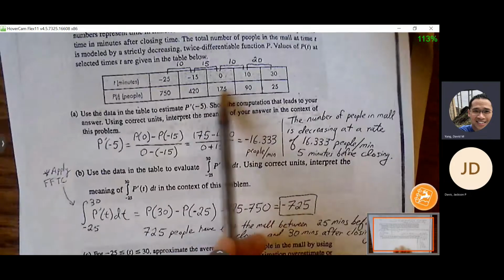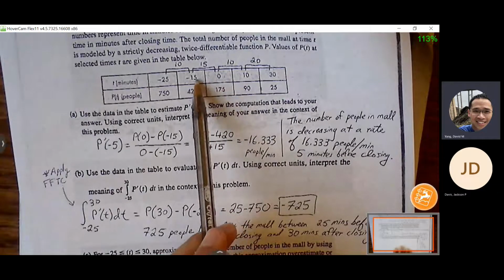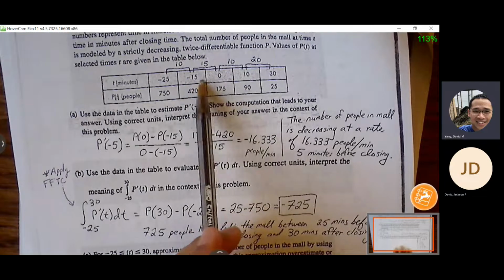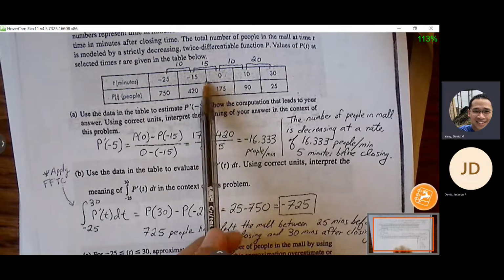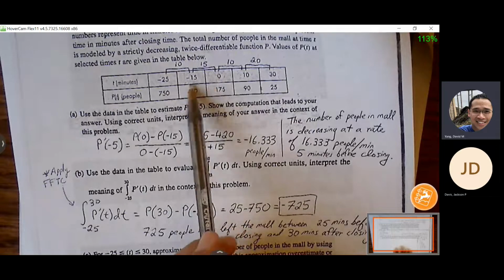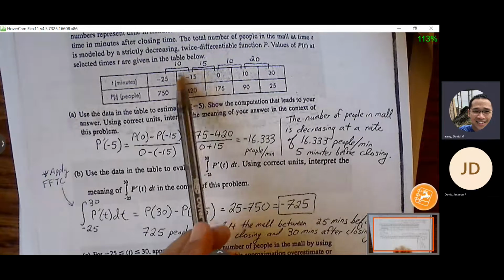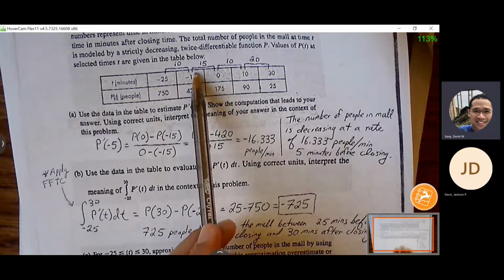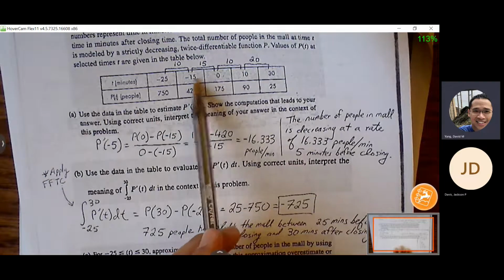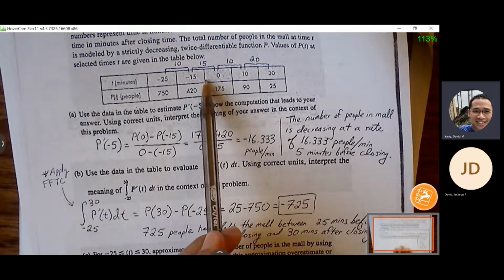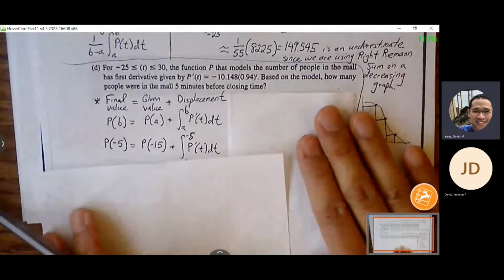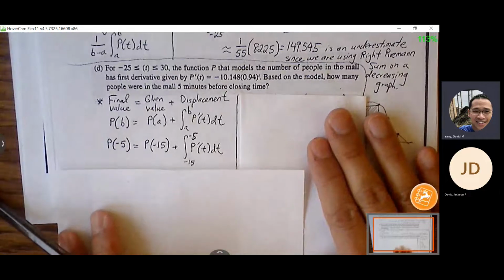We know these are exact values, but now that we have a function that allows us to bridge that gap and find more detailed information between these given values, we know we can start at -15 and then figure out the accumulation of what's happening from -15 to -5. That's why we start at -15, because that's a known value that we can use.